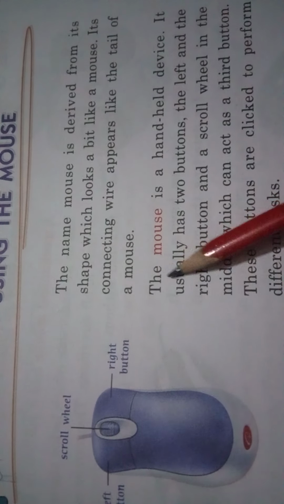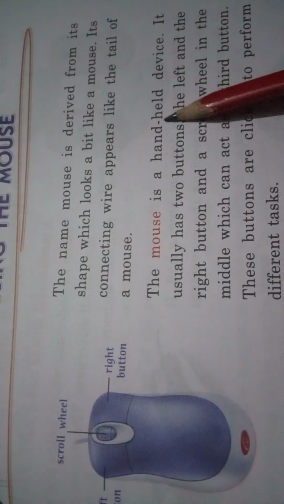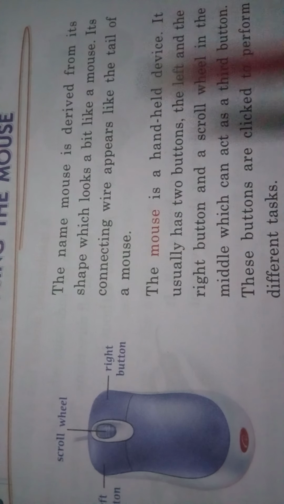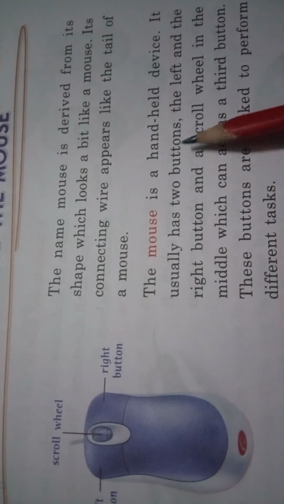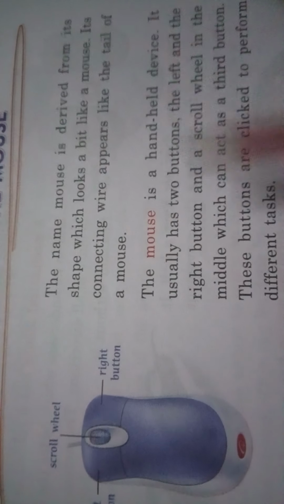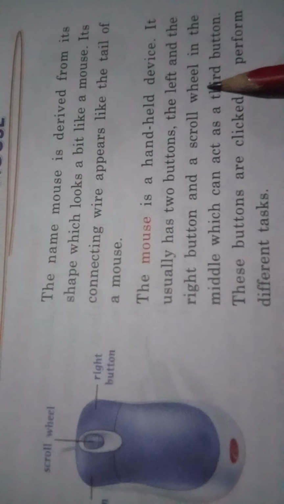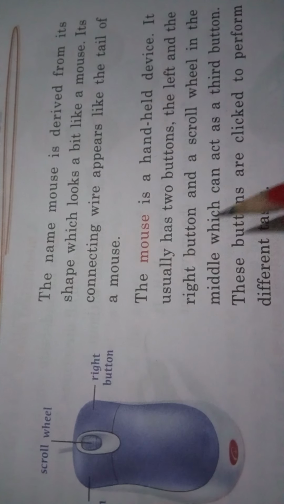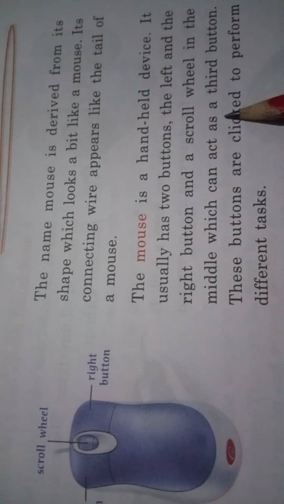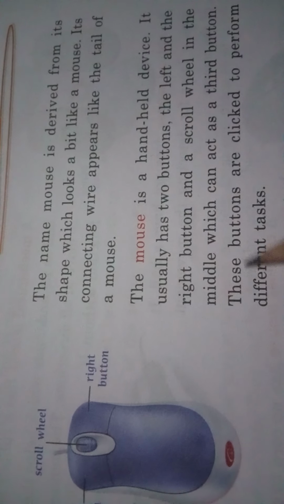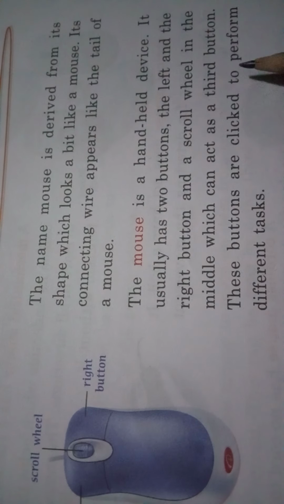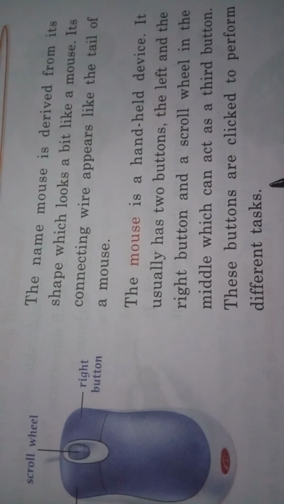The mouse is a handheld device. It usually has two buttons, the left and the right button, and a scroll wheel in the middle, which can act as a third button. These buttons are clicked to perform different tasks.